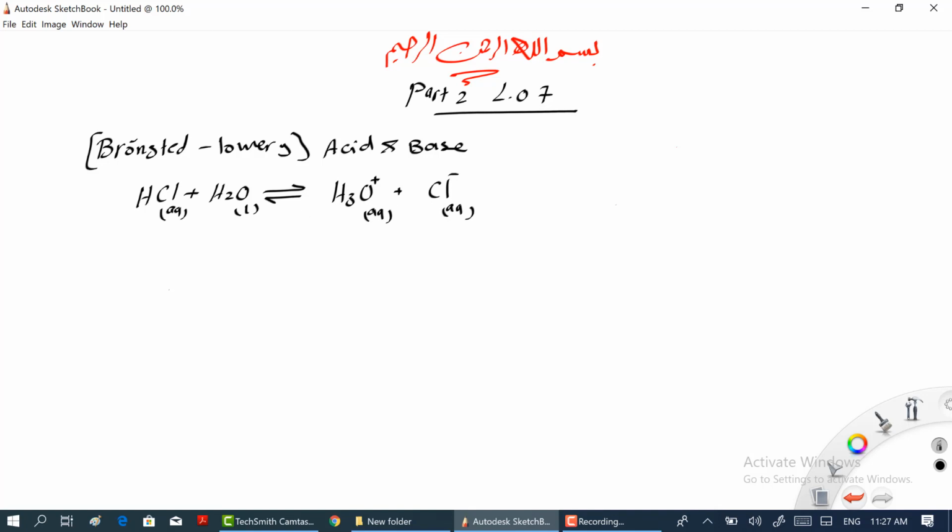In this case we'll find the acid is the donor for a proton, so it's called the acid, and the water is called the base since it's the acceptor for a proton. What's formed from the acid after donating the proton is called the conjugate base, while the hydronium will be the conjugate acid.